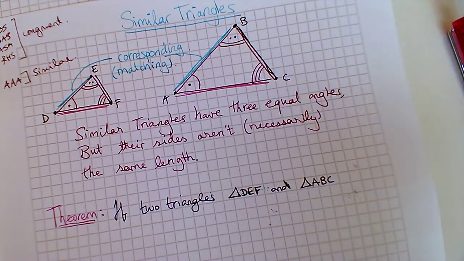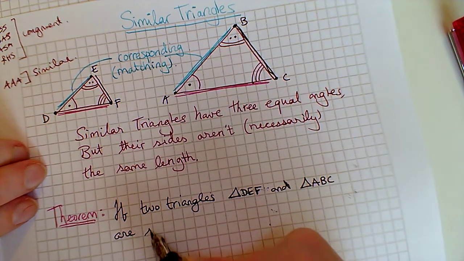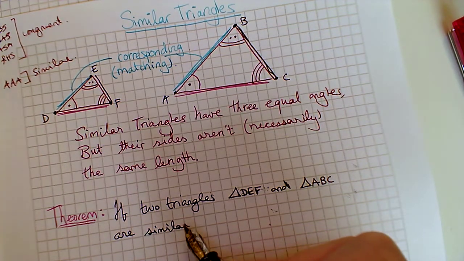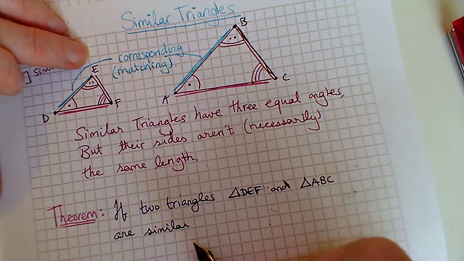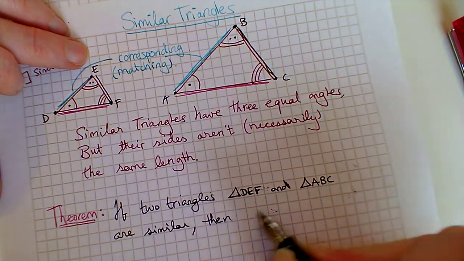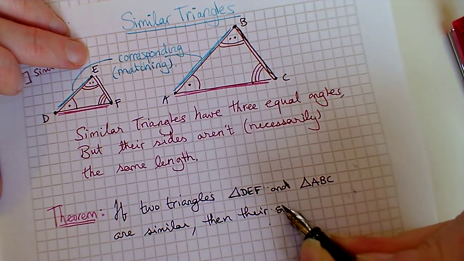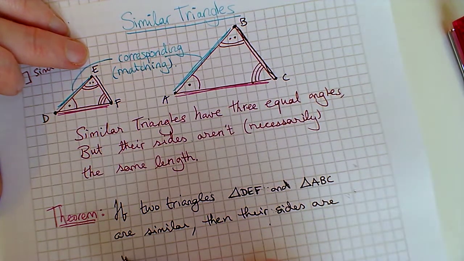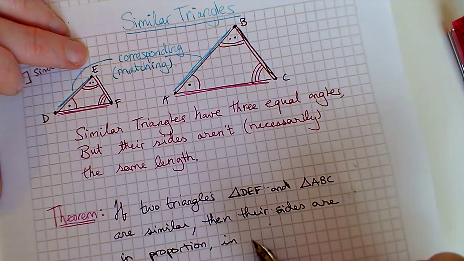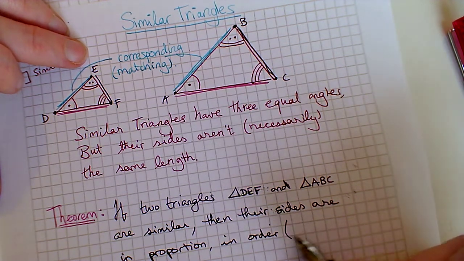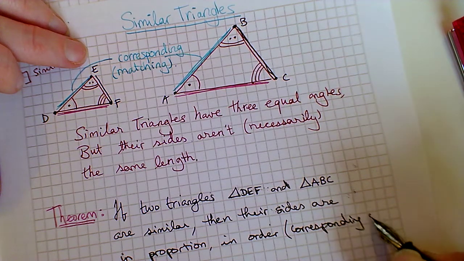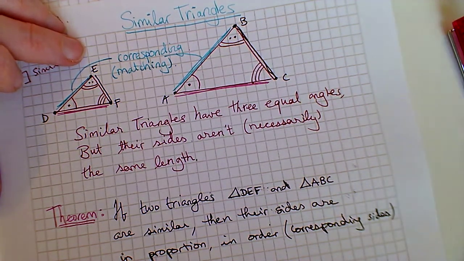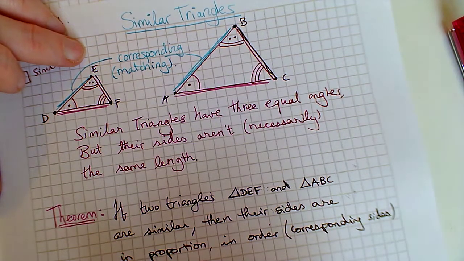So if two triangles DEF and ABC are similar, then their sides are in proportion in order. In order, what do I mean by that? In order, corresponding sides. Again, we need to know the statement of this.